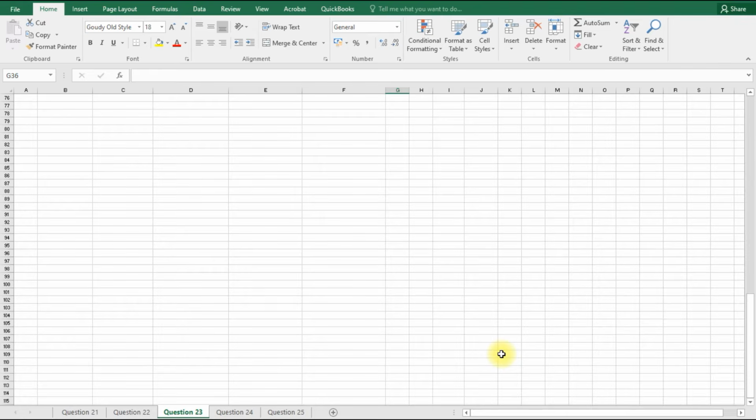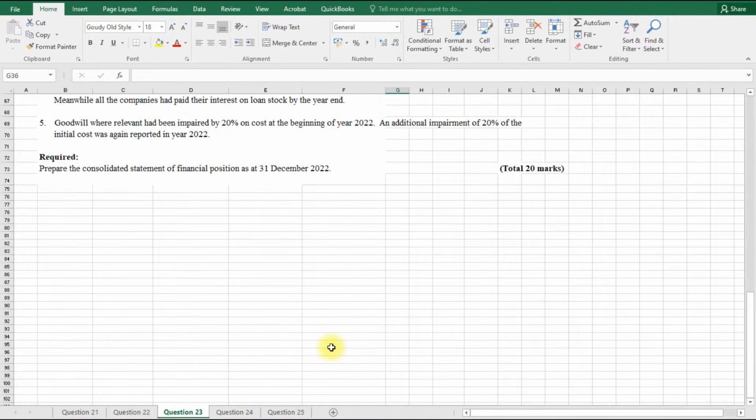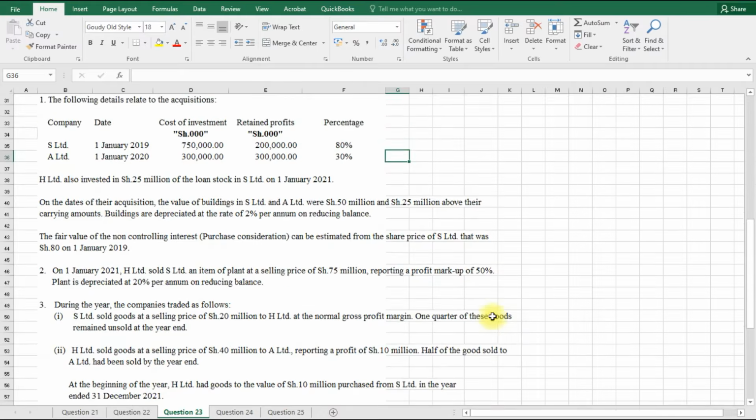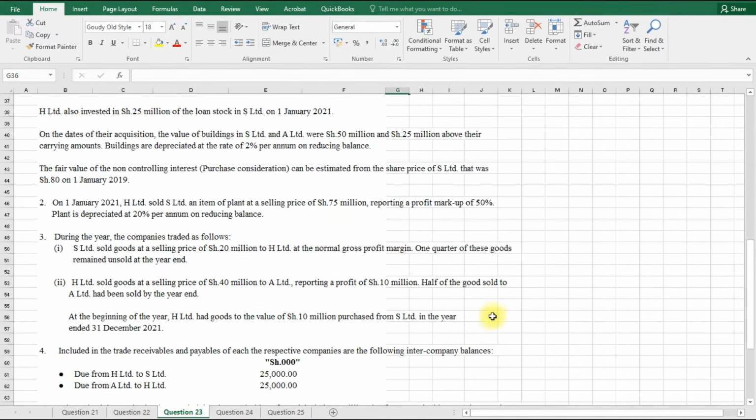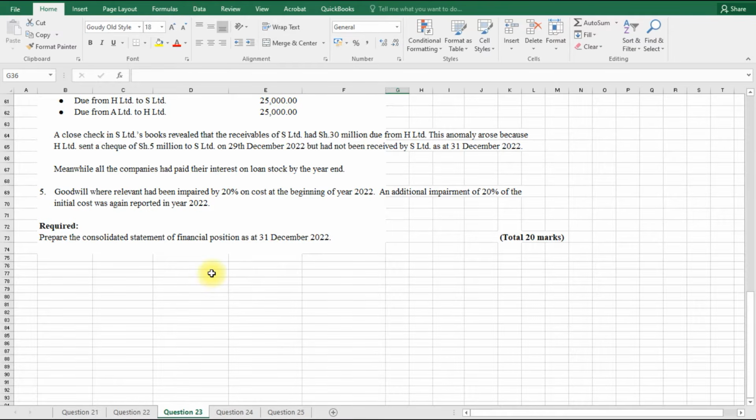So I will do this question here, and I will do even my workings, everything, under these, so that it will cover everything. So this is H Limited, so I'll start here, H Limited.